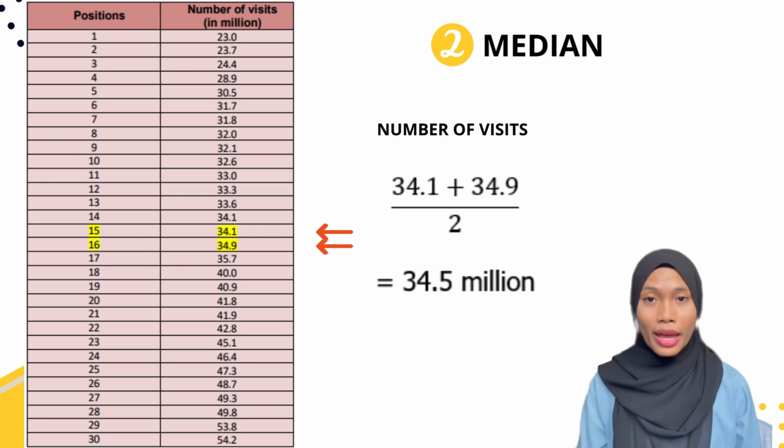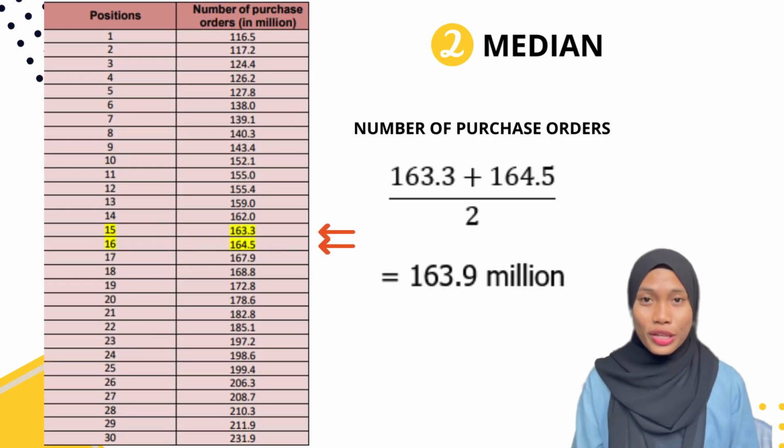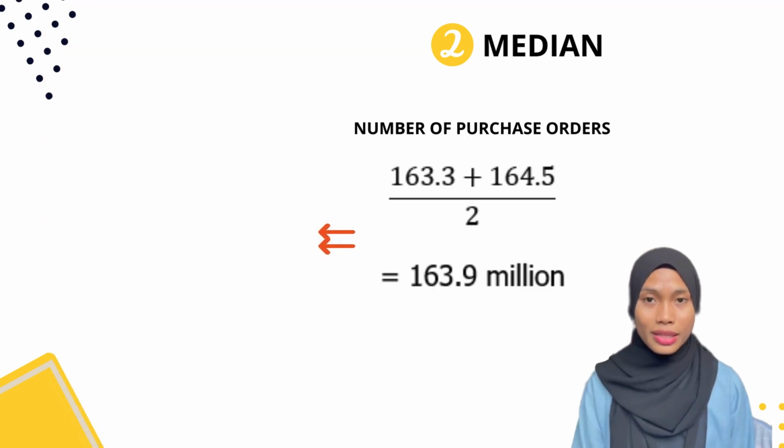We sum up and divide by 2, and we will get 34.5 million. Same goes for the number of purchase orders. We take position 15 and position 16, sum up and divide by 2, and we will get 163.9 million. The results show that the median for the number of purchase orders is higher than the number of visits.